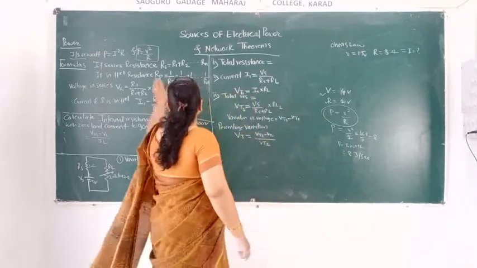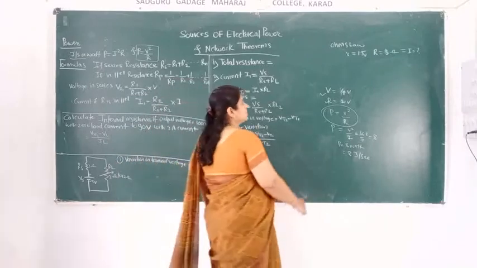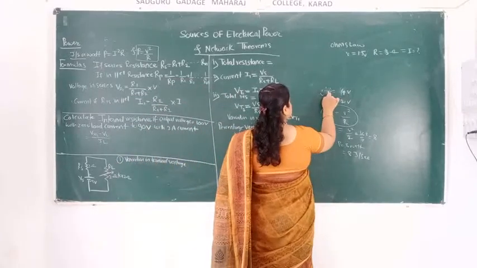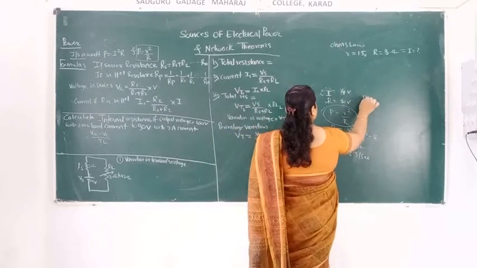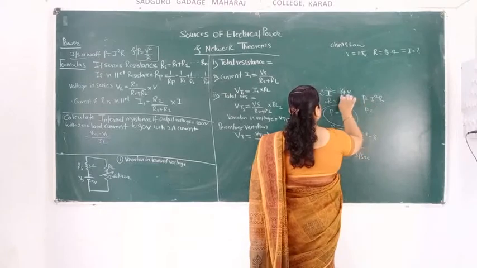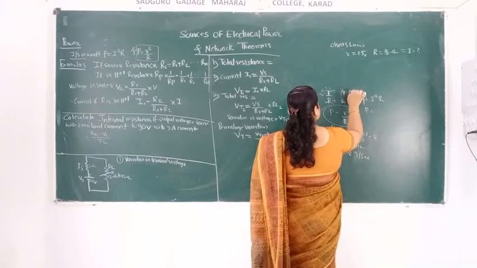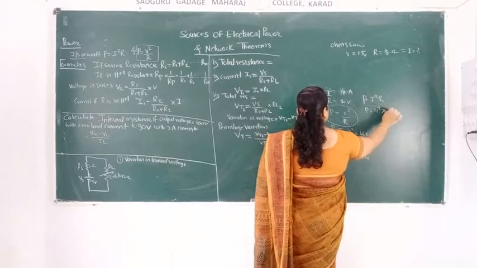If current and resistance are given and you have to find out the power, then you can write P is equal to I square R. Suppose I is 4 ampere and R is 2, so 4 square into 2.